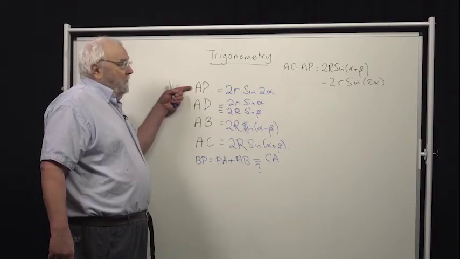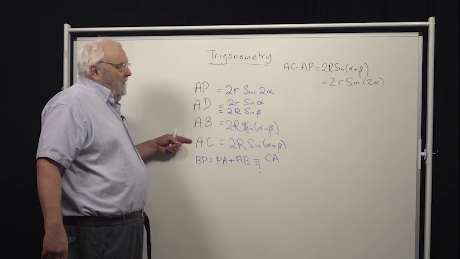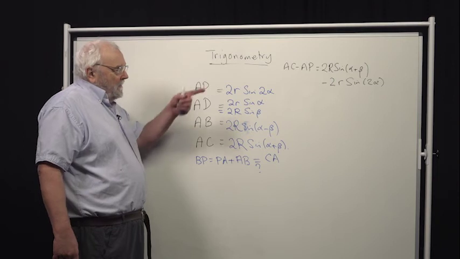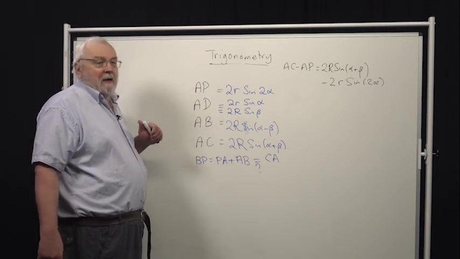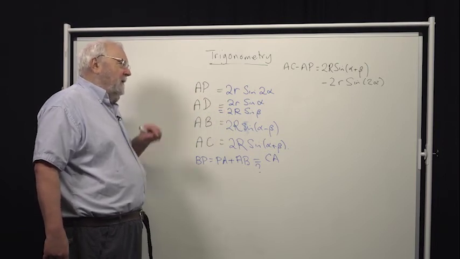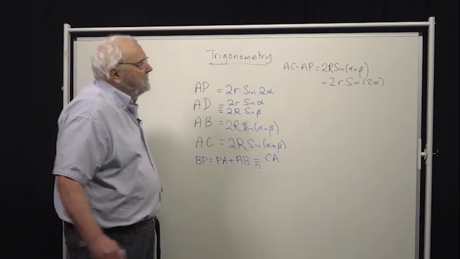So I've used the formula for AP and the formula for AC, and I've got a trigonometric expression for their difference. I don't like the 2 times little r, but I can use this equation to get rid of it, because 2 times little r is 2 times big R sine beta all over sine alpha.